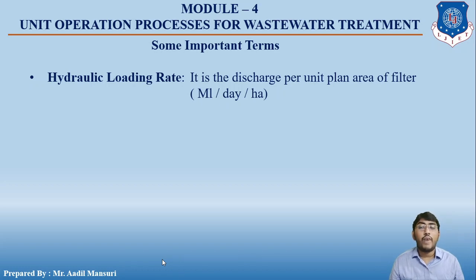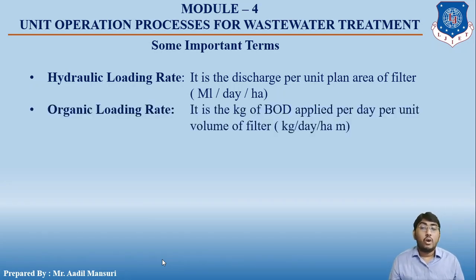The unit of hydraulic loading rate is million liters per day per hectare. Then the organic loading rate is the kg of biochemical oxygen demand applied per day per unit volume of the filter, that is in kg per day per hectare meter.